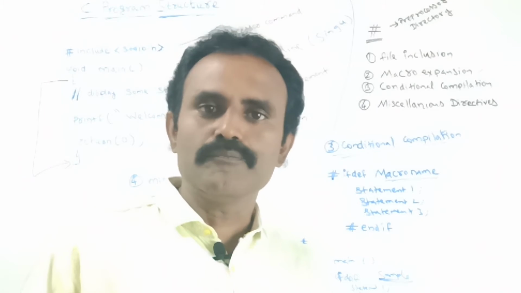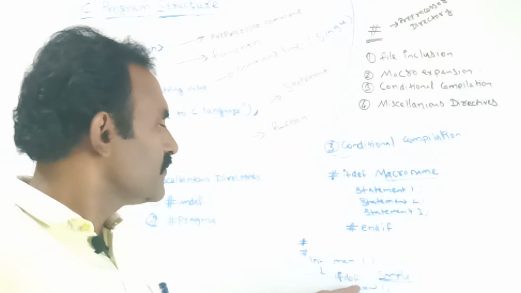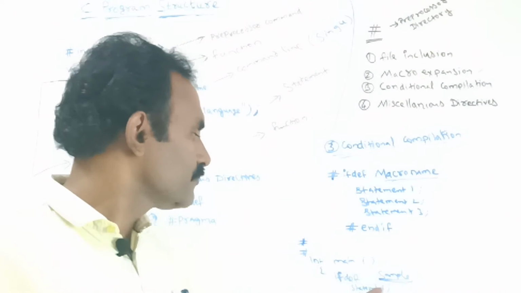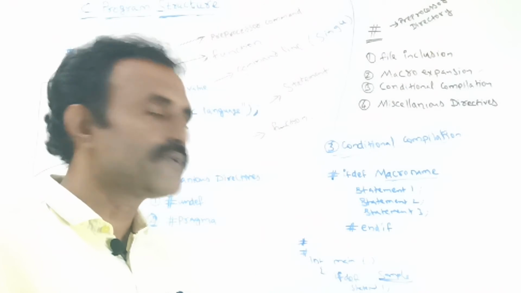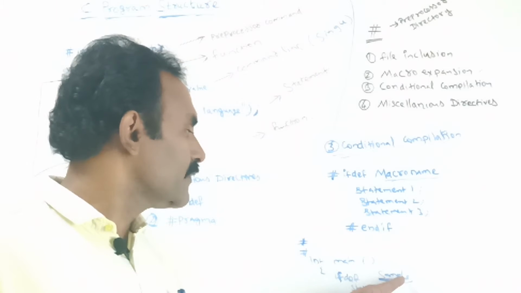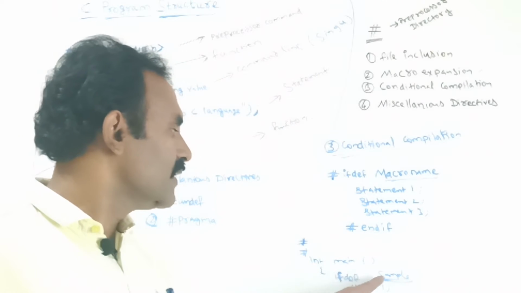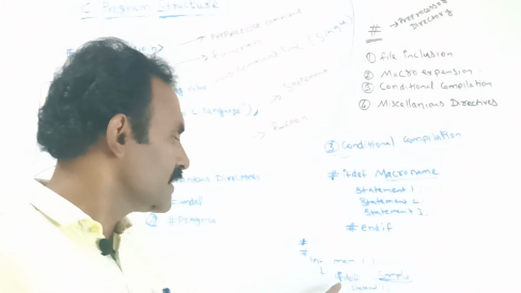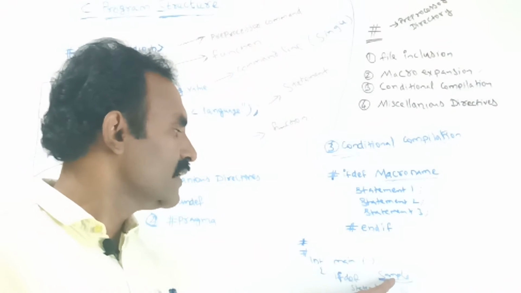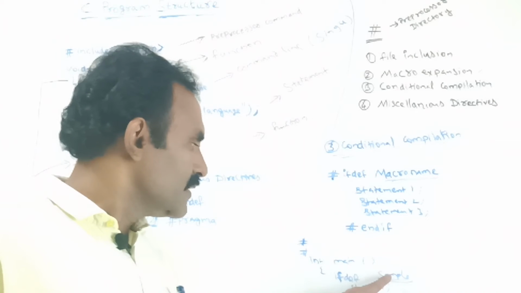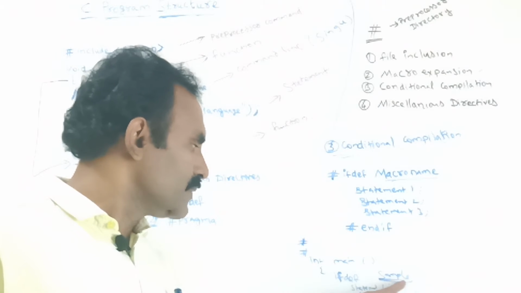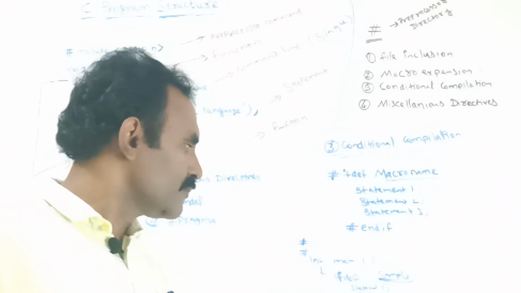executed or compiled. Suppose I do not need the statements inside the macro name to execute. Here, for example, let us take ifdef. After ifdef, I am defining the macro name as sample. In the macro sample there are two statements.